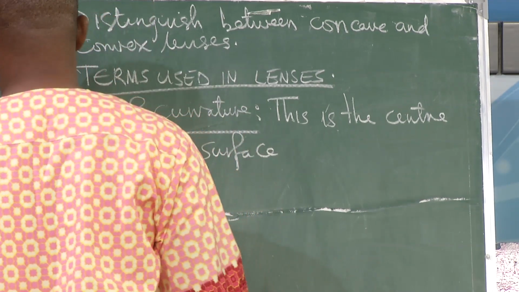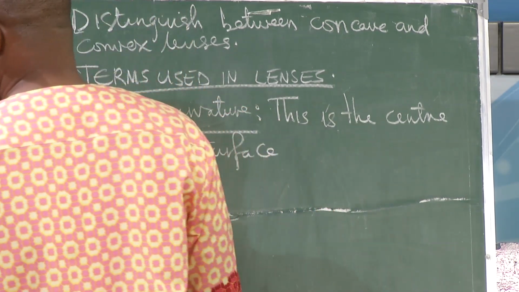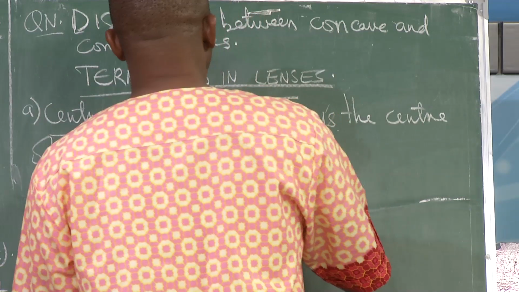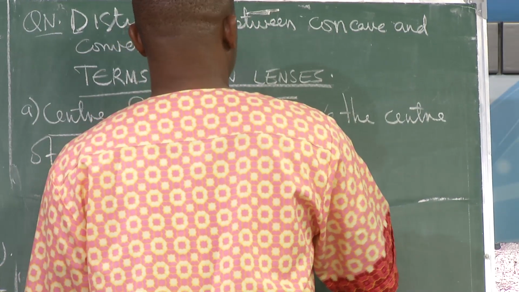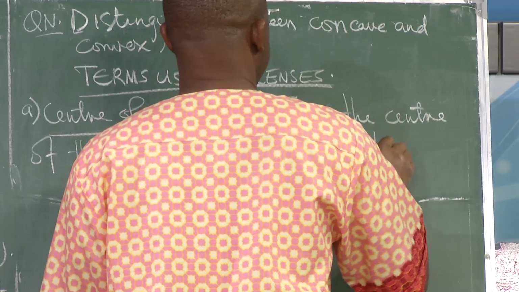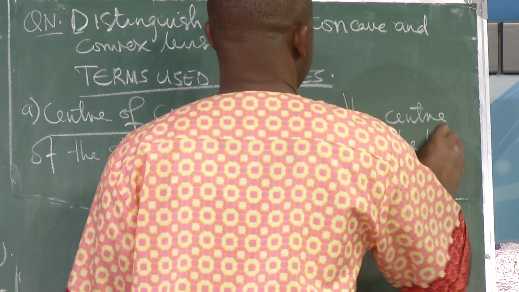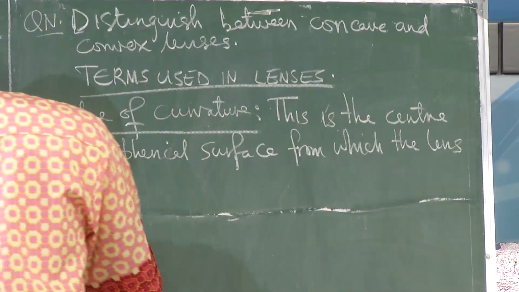This is the center of the spherical surface from which the lens forms part.